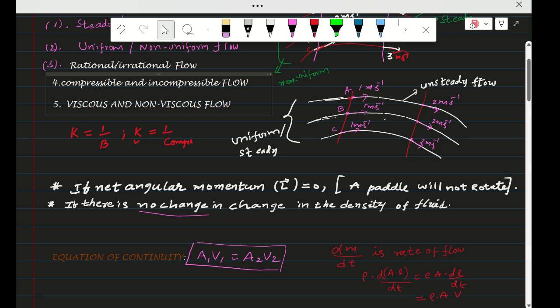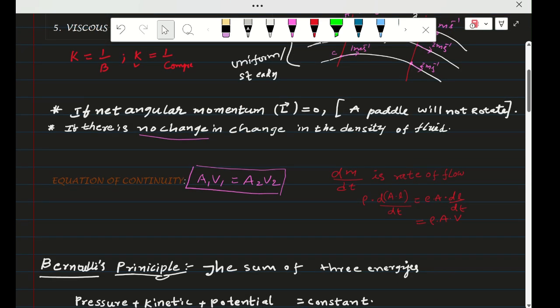According to the equation of continuity, the rate of flow of fluid, dm by dt, or A1 V1, or dV, dm by dt means dV we will call, will be constant. That means if you consider two different points, whatever the cross section, whatever the shape, the rate of flow is the same.